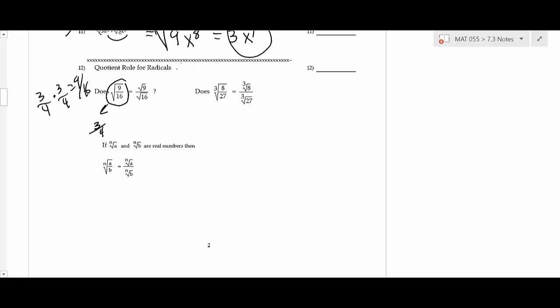Would it work if you just did the numerator and denominator separately? What do you think? The square root of 9 is 3, the square root of 16 is 4. Exactly. If you've got a square root of an entire fraction, or any root of an entire fraction, all you've got to do is do the numerator and denominator separately. It always works.